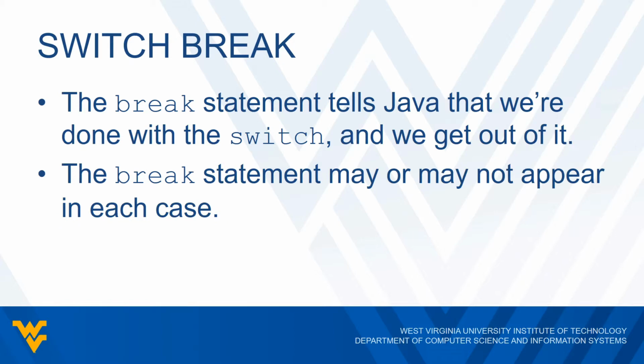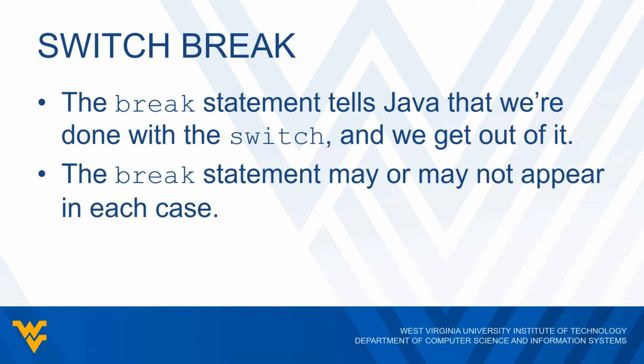We would recommend putting the break statement after every case, but there are some situations, and we're going to see an example of this in a little bit, where maybe we have several cases and they're all going to do the same thing. So we're going to see a neat little trick that will allow us to write the code once, but for any of those cases, we'll run that set of code.